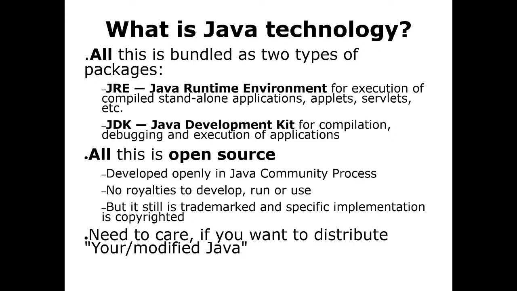For Windows and Mac, you need to download the Java from the web, from the Oracle web page. You don't need the development kit if you just want to execute a Java program, but you need to have a runtime environment to at least run your code.